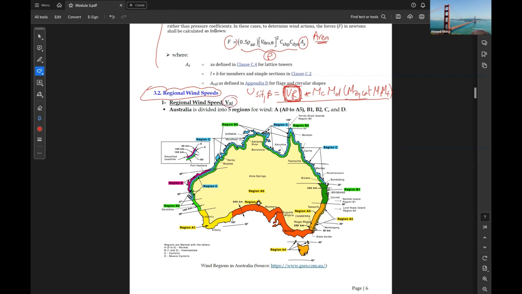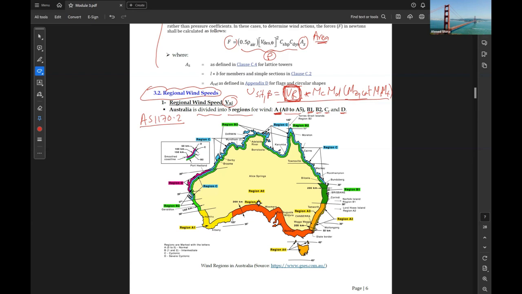According to the Australian standard, the map of Australia is divided into 5 regions: region A, B1, B2, C, and D. And region A is subdivided into A0 to A5.